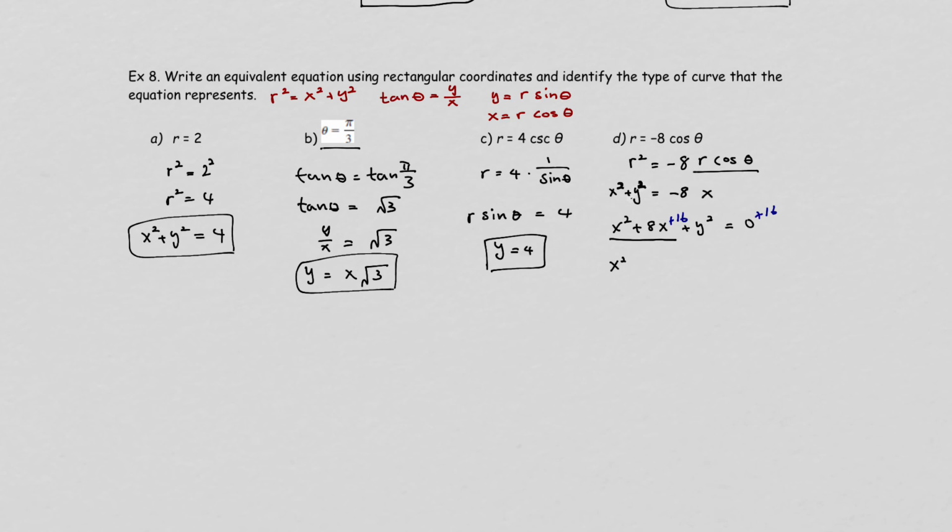So you get x squared plus 8x plus 16, well, you can factor that, right? And when you factor that, you get x plus 4 squared, plus y squared equals 16, which is going to be 4 squared.